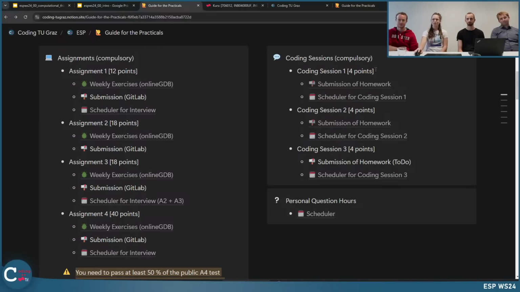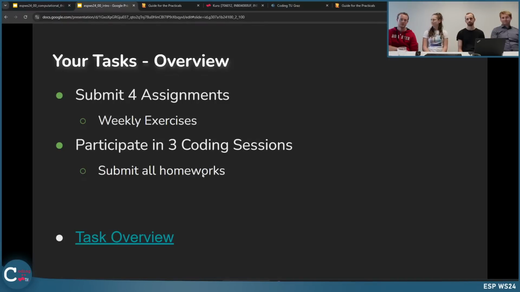Here there are the points and where to submit the homework for this coding session and where to schedule it. So you can book a slot when you want to complete this coding session, because you can choose this. I don't know if we said this. Same as for the assignment interviews. There will be many possibilities and you will find something that fits your schedule.